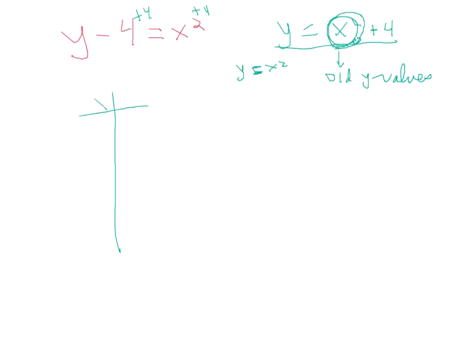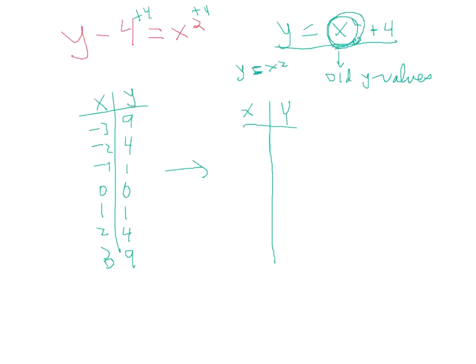I'm going to take my table here, -3, -2, -1, 0, 1, 2, 3. And there's my old y values. Now what I'm going to do is then take my new table, and I'm going to do nothing to the x values.